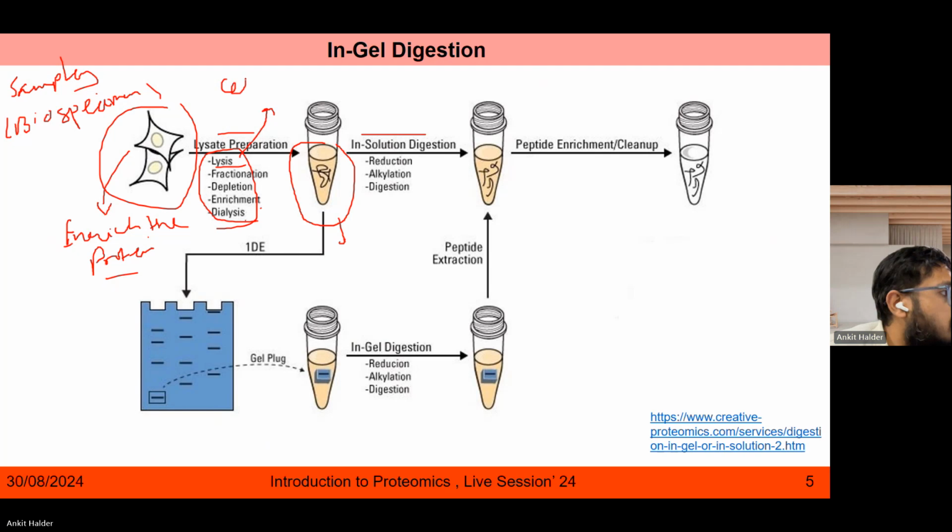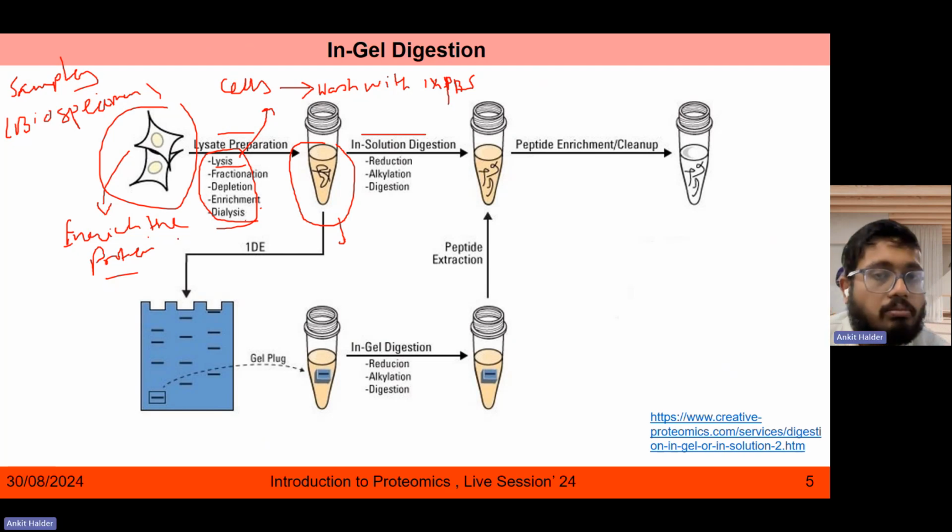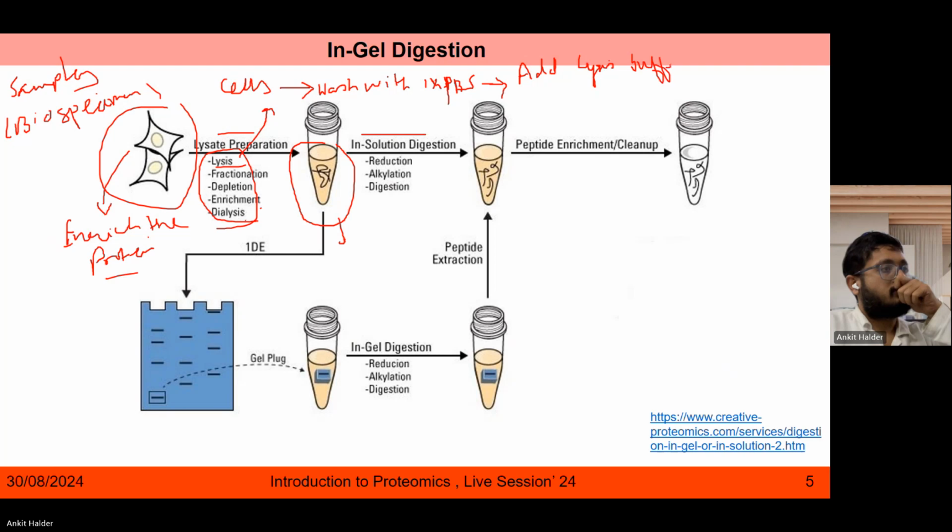You wash it with 1x PBS, and after you have washed it, you add the lysis buffer.